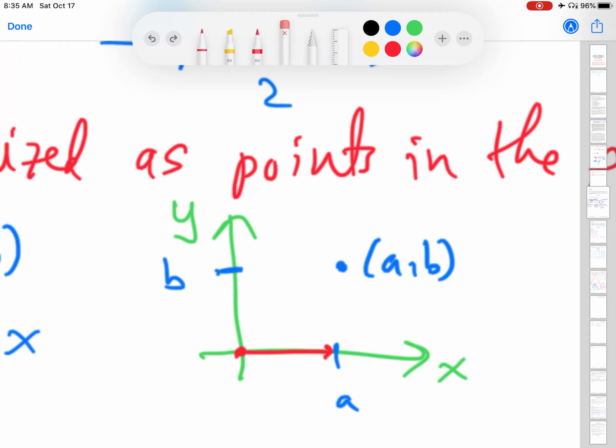So I will erase all that and then just draw the red line that results. Okay, so this was some angle theta from the x-axis.